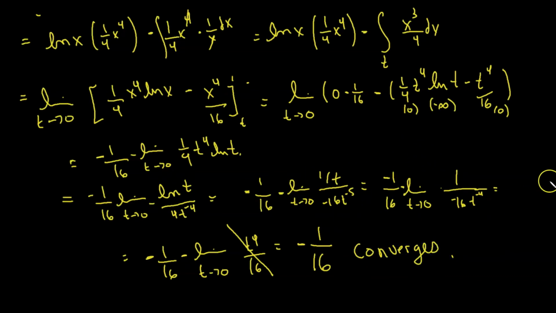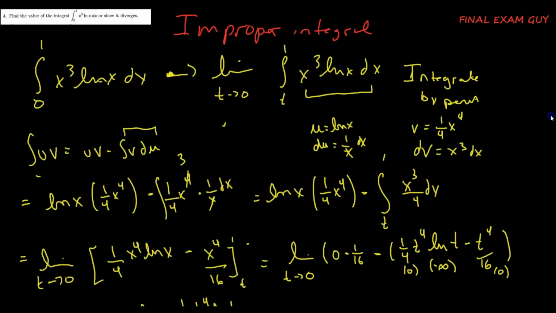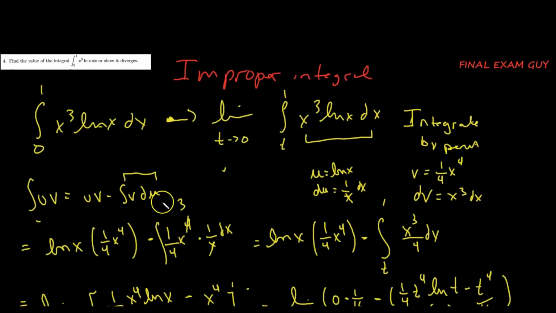So in recap, take your integral, realize that it's an improper integral because if you plug in your 0, you get an undefined ln x over here, which is causing a problem. So you replace your problematic bound with a variable t, go to 1, realize that this is integration by parts.